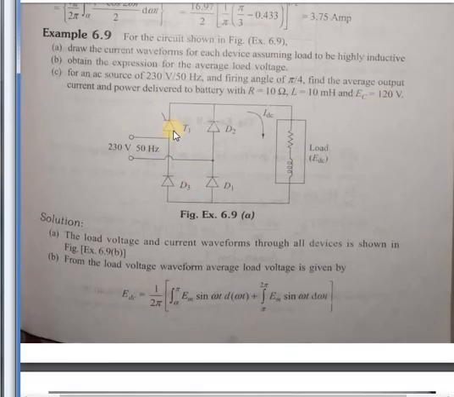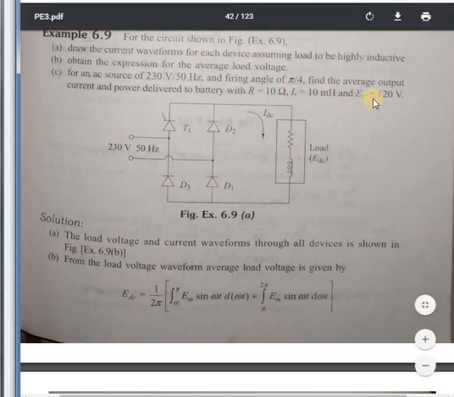So considering this, you will have your 230 volts 50 hertz source and your load is R, L and E. Now you have to find out the currents for each device, assuming it is highly inductive.